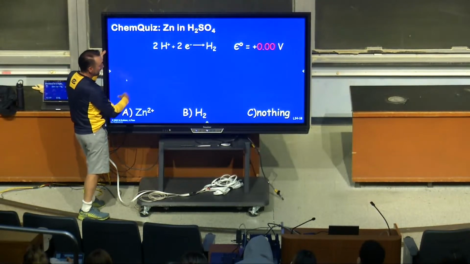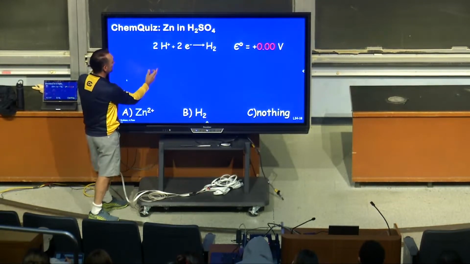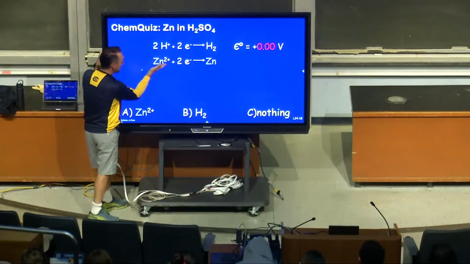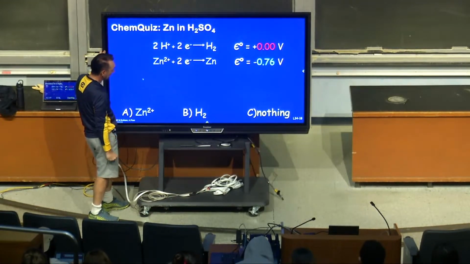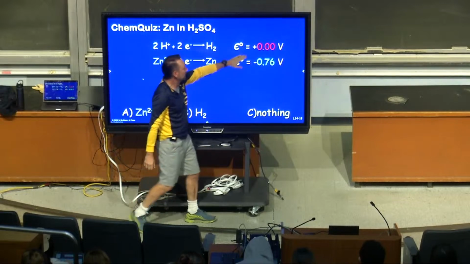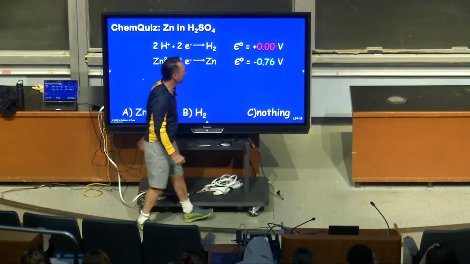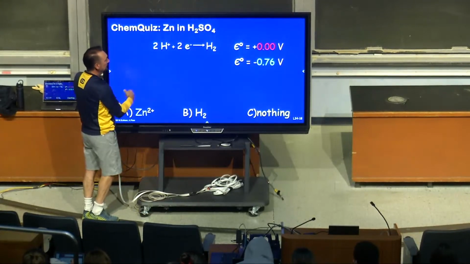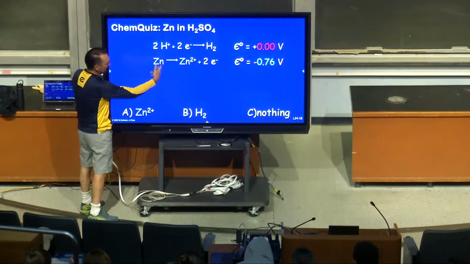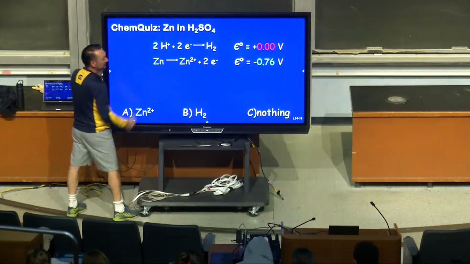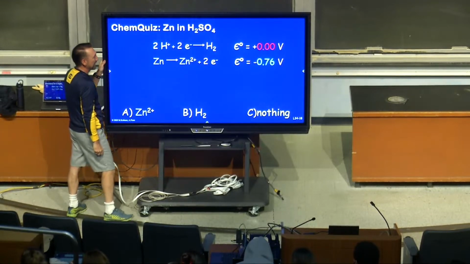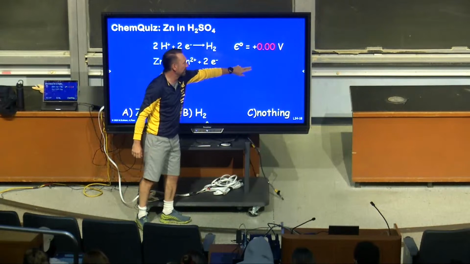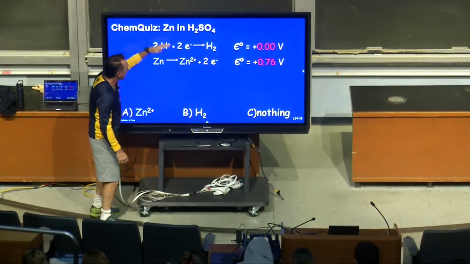Same analysis. You have that half cell potential, and you have this one. Those two cell potentials reverse and add. You better cancel out electrons or no reaction is going to happen. If I reverse this one, I better reverse the sign of this one, add them together.